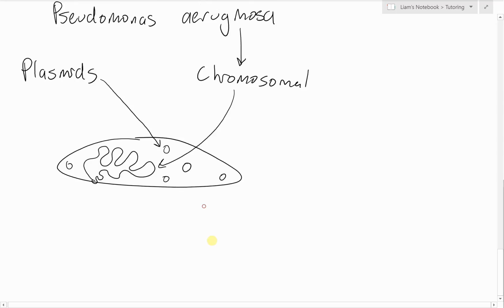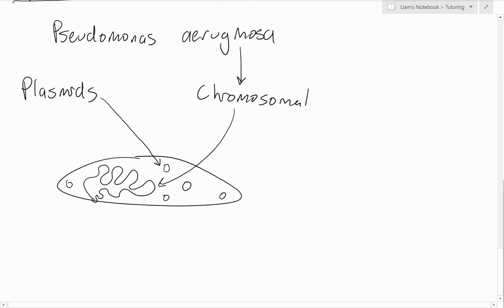Now, you might be wondering why I'm being so pedantic about this. The reason this is important is because one of our main methods of overcoming resistance with beta-lactamase is this beta-lactam called clavulanic acid.